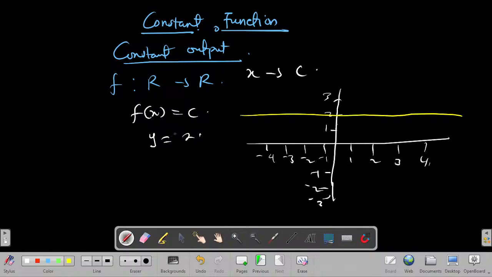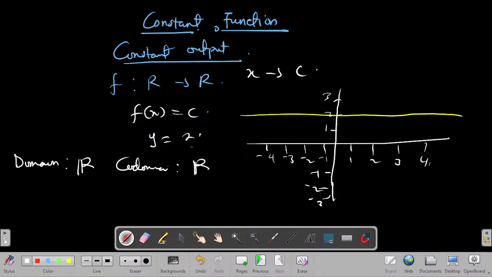A constant function. What are we interested in here? We're interested in finding the domain, range, and the codomain of a constant function. So let's start with the domain. The domain of a constant function is simply going to give us a set of all real numbers, since there is no number that will make it undefined. The codomain obviously will simply also equal a set of all possible real numbers.